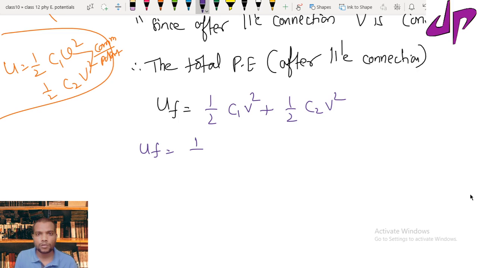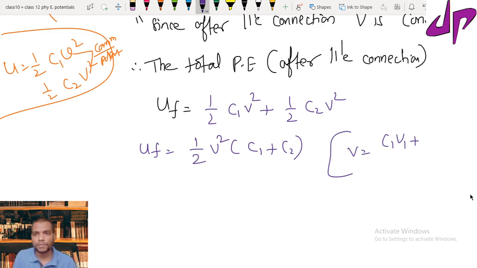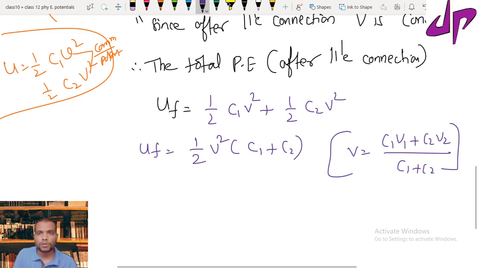I can take half V square out as a common factor, and I get C1 plus C2. Now we can substitute the V value, since V equals C1 V1 plus C2 V2 upon C1 plus C2. That is the common potential we already derived.